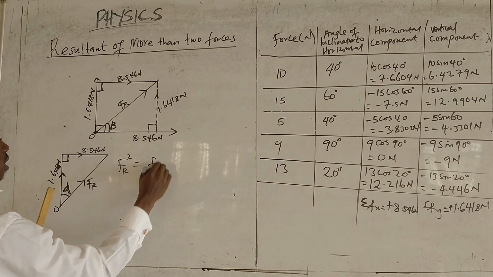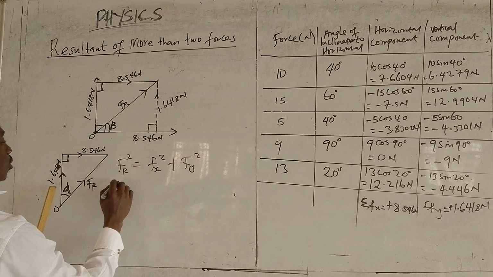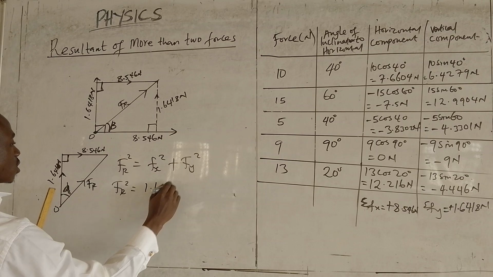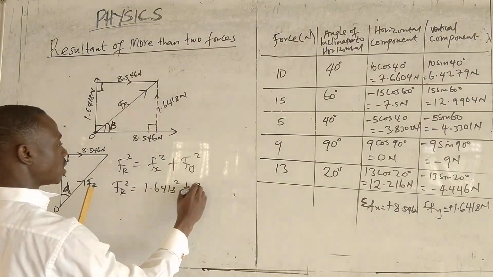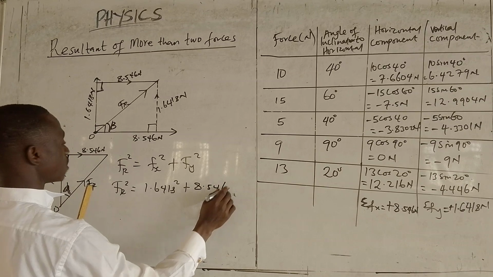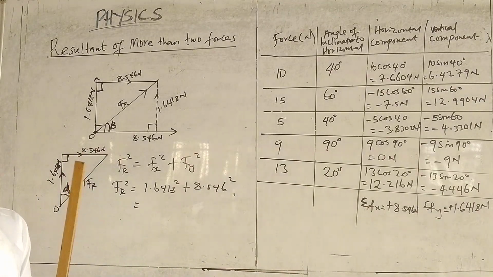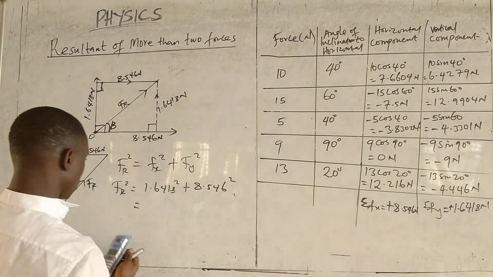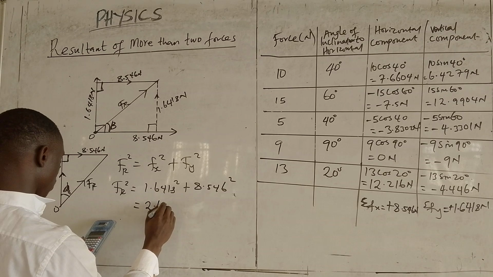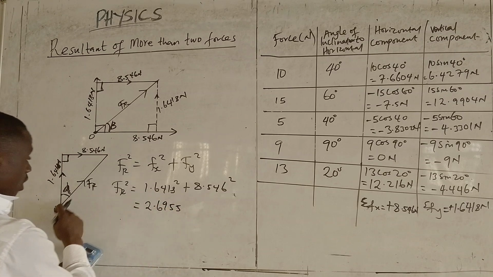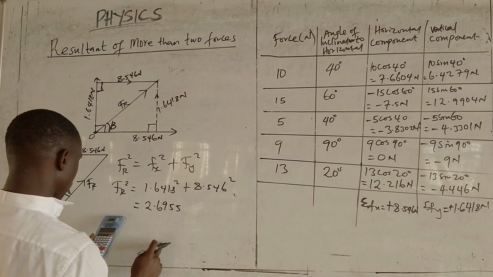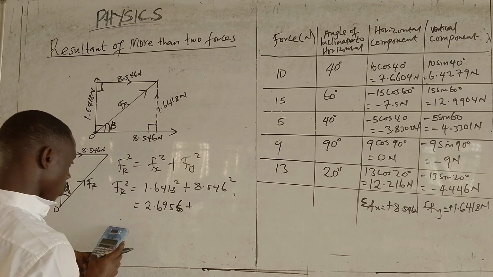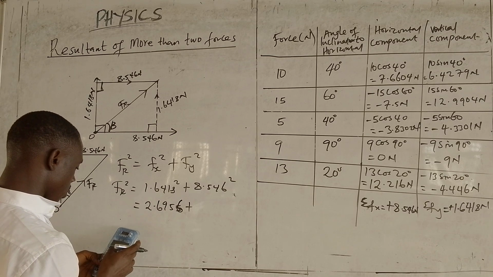Since this is giving us a right-angled triangle, just use Pythagoras theorem. FR square equals Fx square plus Fy square, which is FR square equals 1.6418 square plus 8.546 square.